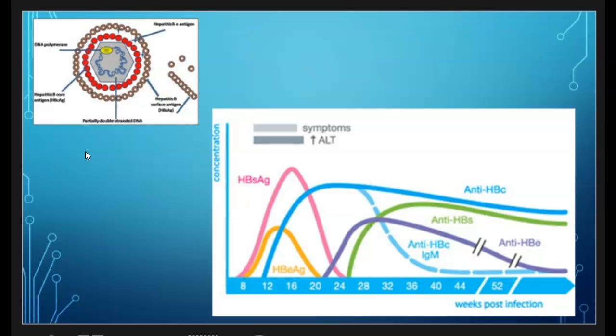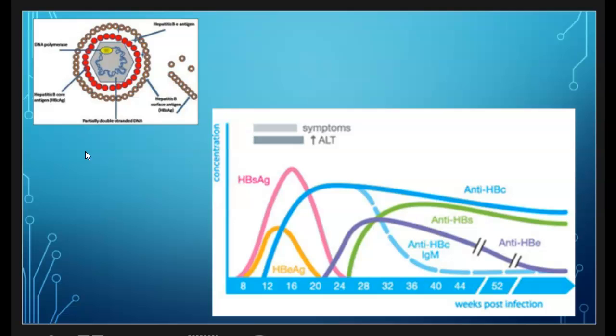Hepatitis B core antibody, usually we do a hepatitis B core total, which is the IgM plus the IgG. Then we have the anti-hepatitis B core IgM, which is the first antibody to appear after infection with hepatitis B. Then the anti-hepatitis B core IgG production overlaps the anti-hepatitis B core IgM.